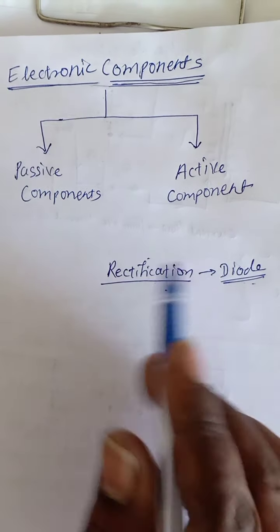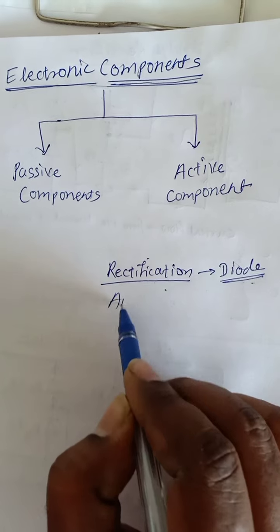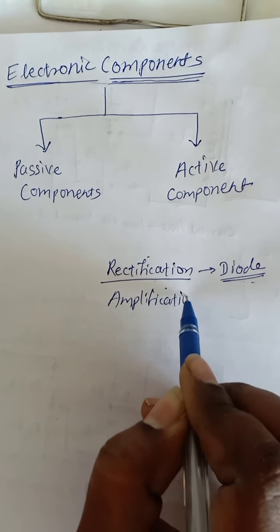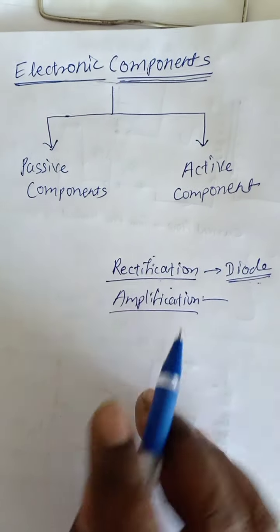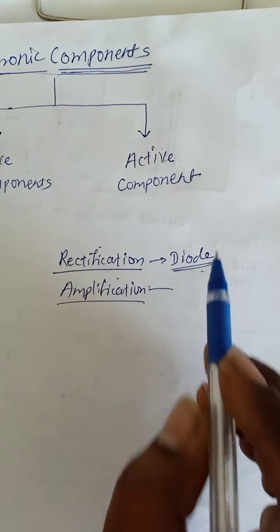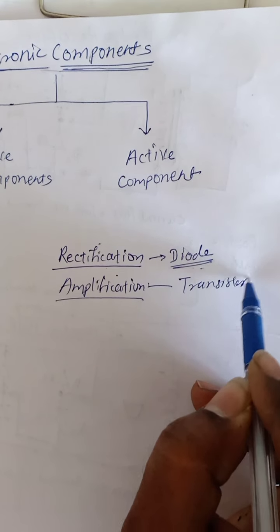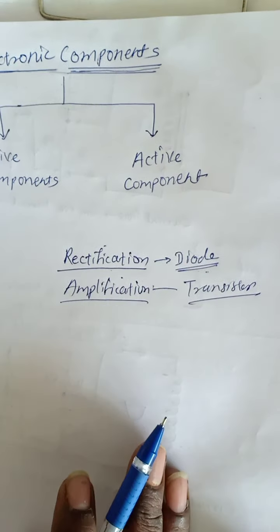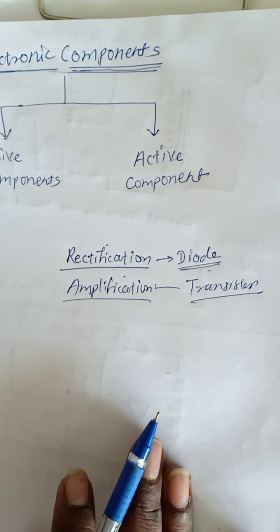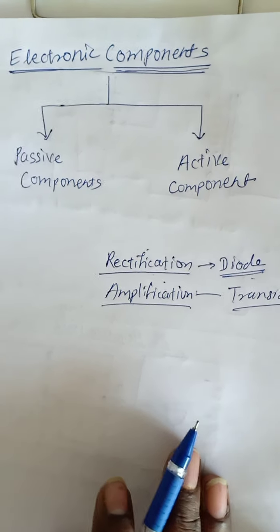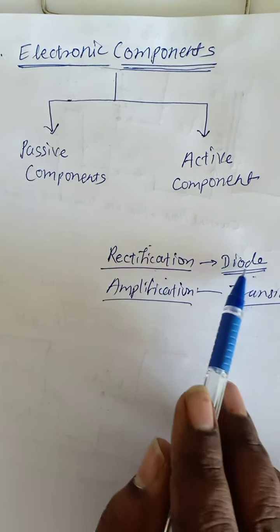Then amplification. In an amplifier we use the transistor, that is another component. So these components are the diode and transistors.